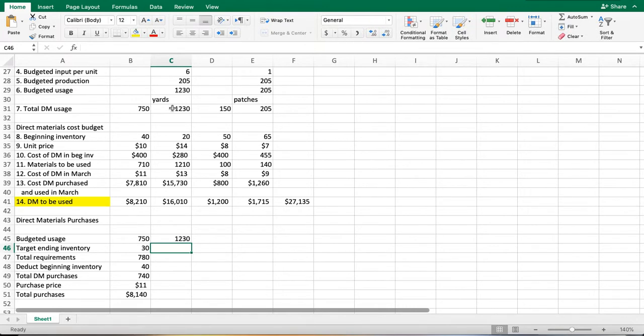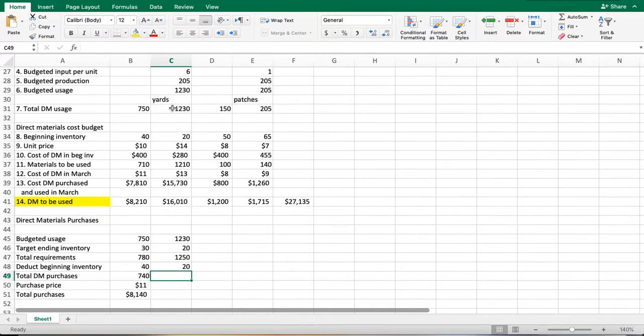That's our target ending, 12. Our total requirements, 1250. Our beginning is 20. Yeah, it's 20.